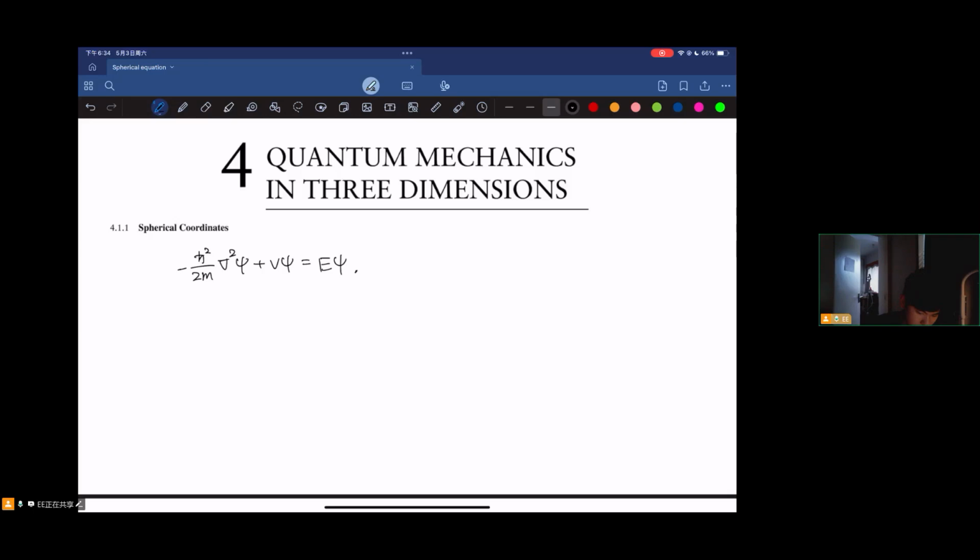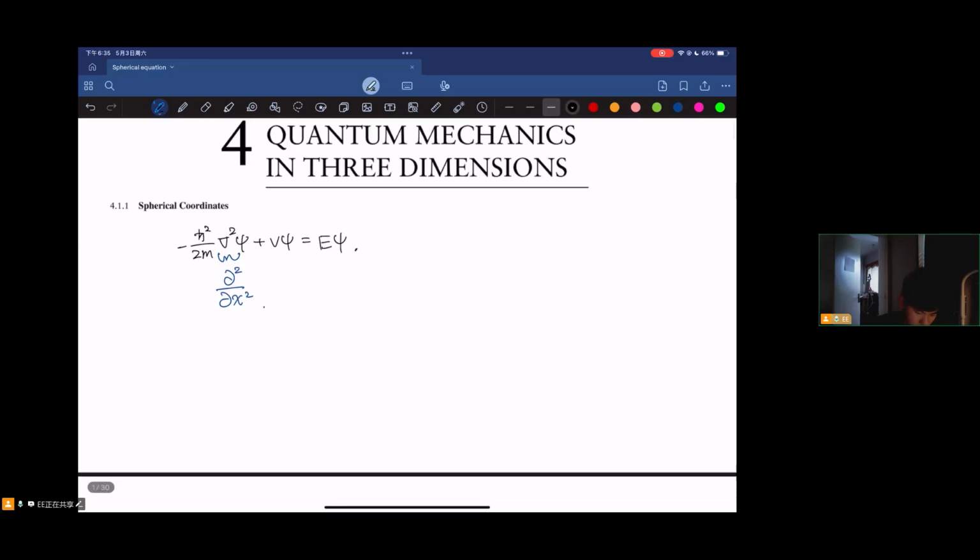In the one-dimensional case, you might see this as del x squared, but in three dimensions it is the Laplacian. How do we define the Laplacian? It is taking three double derivatives.